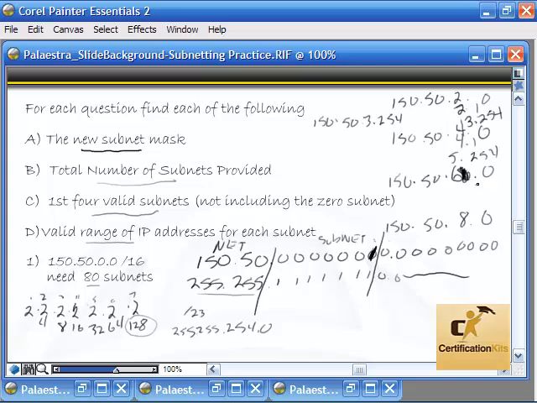For the 6 subnet, it's 6.1 to 7.254. And for the last one, the 8 subnet, it's 8.1 to 9.254, because 150.50.10.0 is the next subnet. And that's subnetting. Not too difficult, but it does take a lot of practice.